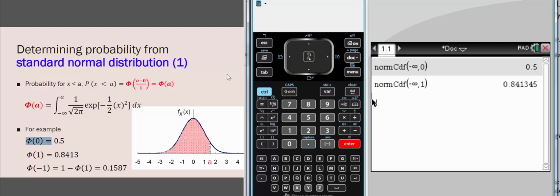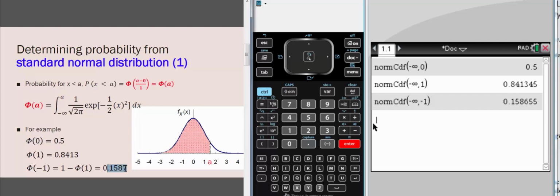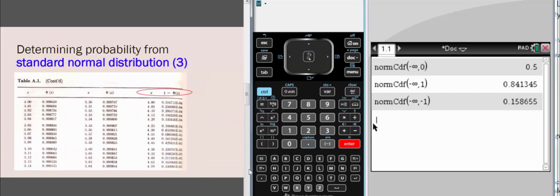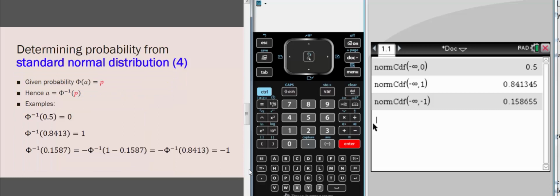What about going to negative 1 instead? Well, then we expect to have something less than 0.5. So change that 1 to a negative 1. And we do get 0.1587, as seen in the hand computation involving table lookup, of course. But we can save ourselves a lot of trouble using the calculator.